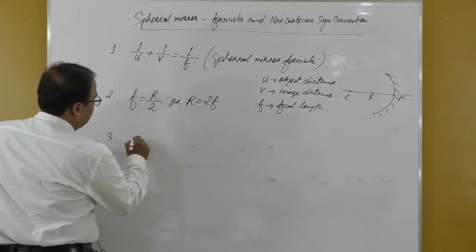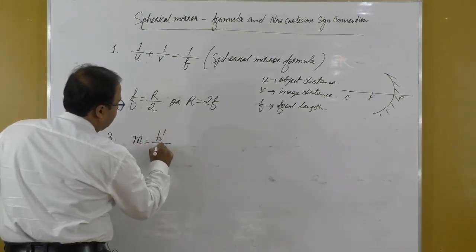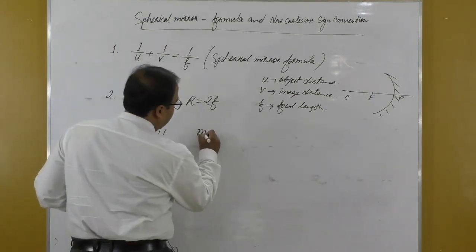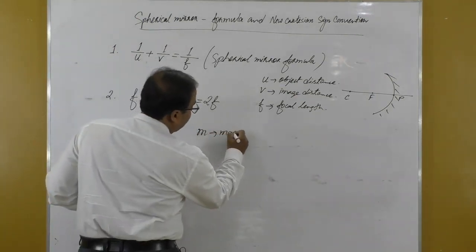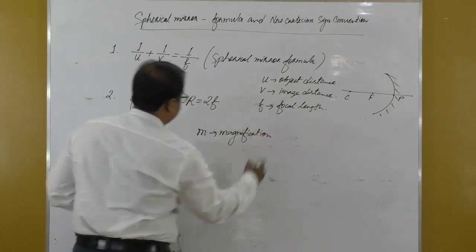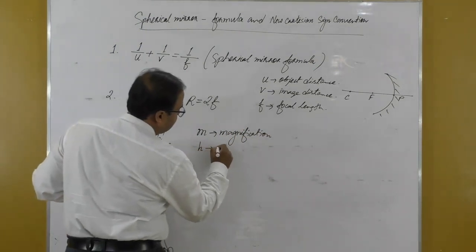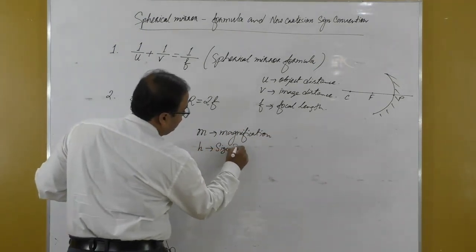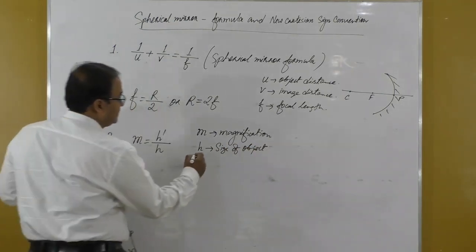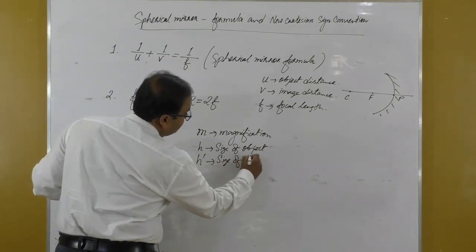Third one that we already discussed, m equals h dash by h, where m is magnification. h is the size of object, and h dash is the size of image.